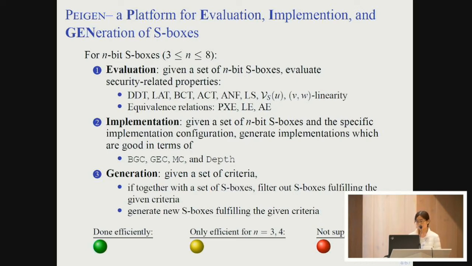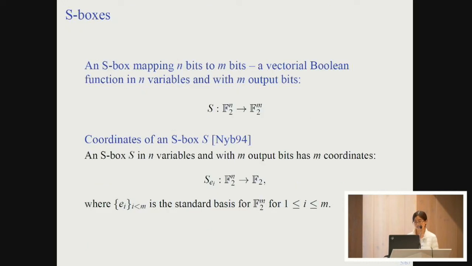I will introduce three aspects of functionality of S boxes, and use a green ball to indicate that Pagan can provide the functionality efficiently, a yellow ball to indicate that Pagan is only efficient for small S boxes, and a red ball to indicate the functionality is currently not supported by Pagan.